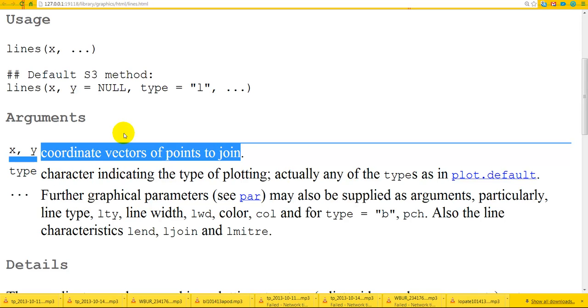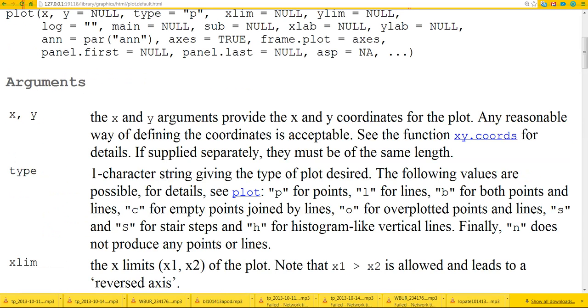And the type is this one here, which is default 1, a character indicating the type of plotting, actually any of the types, as in plot.default.